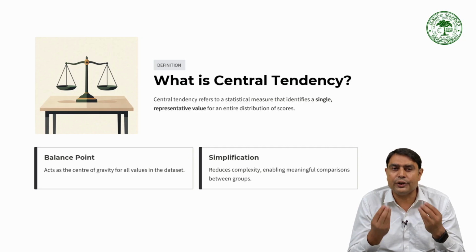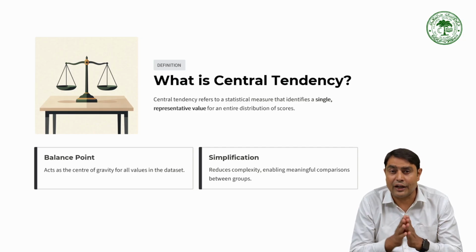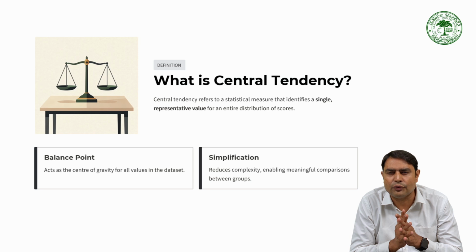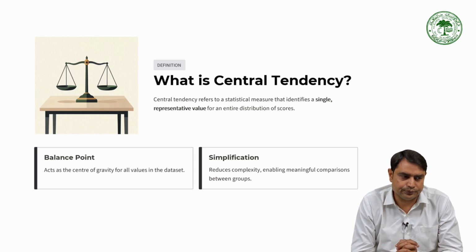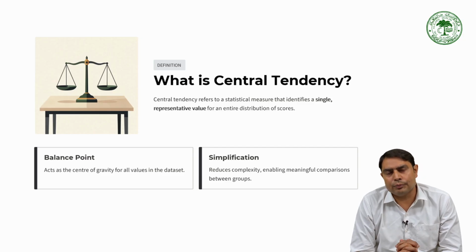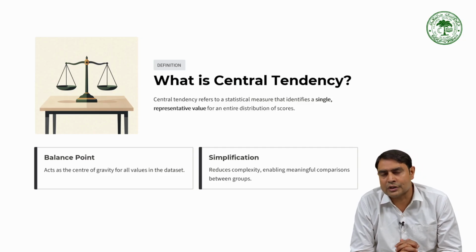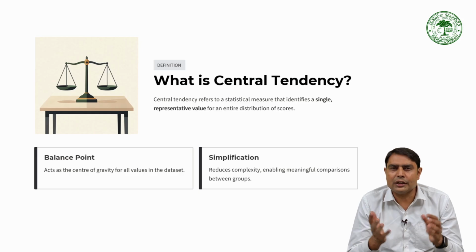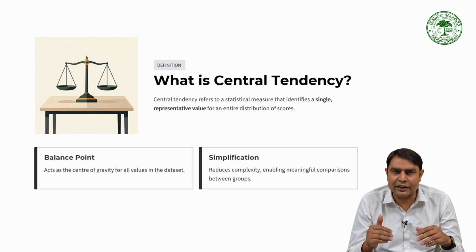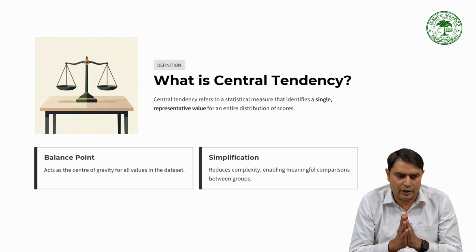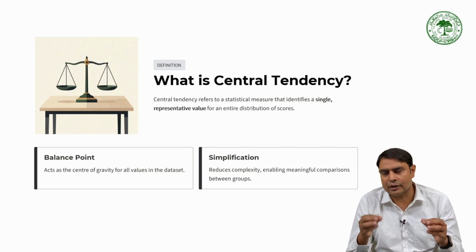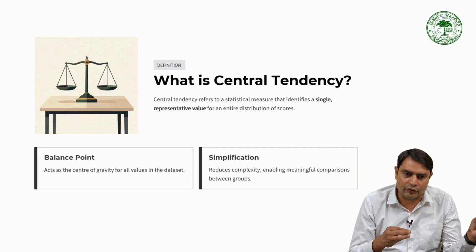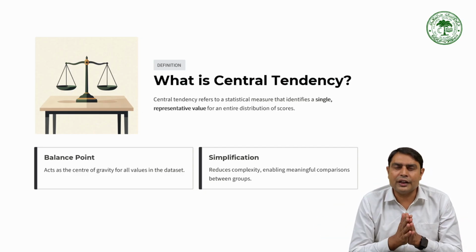It helps us to reduce complexity and focus on the general pattern instead of getting lost in individual observation. Let us take an example. If we are inquiring from students what their scores are, and the student starts narrating the absolute values, 37 out of this in this subject, 67 out of this in this subject, then things will not become clear instantly.